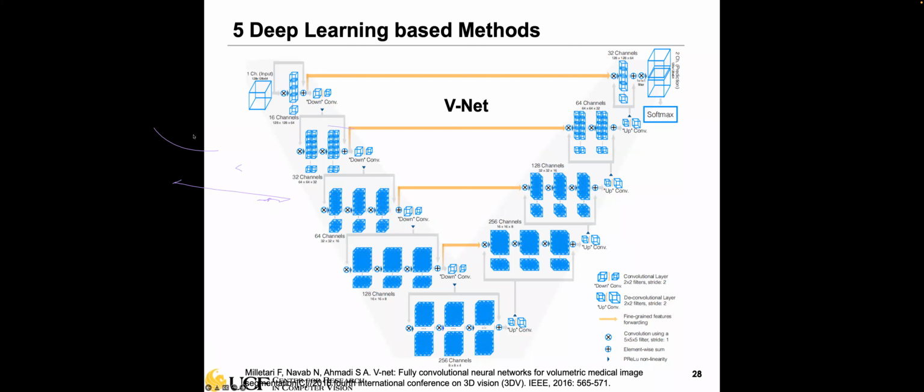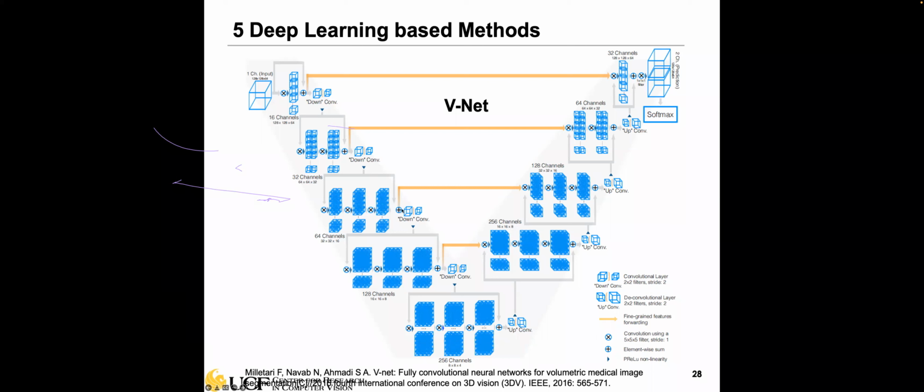Thank you. Okay, and the next network is called VNet, which is very close to 3D UNet. Again, VNet is a 3D network, so here you can see they consider the 3D volume. The difference compared to 3D UNet is that they are using a ResNet-like structure. If you look at these gray skip connections, you have the input directly connected here, because these are the conv layers, and here you have a summation.